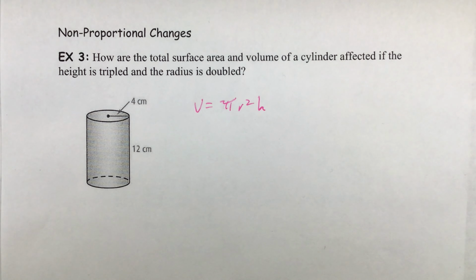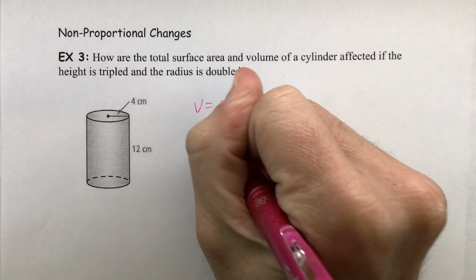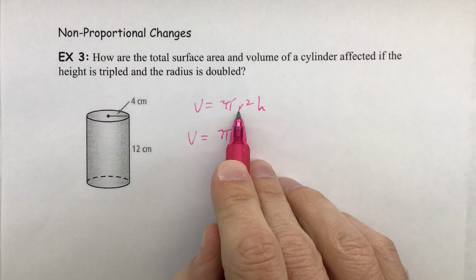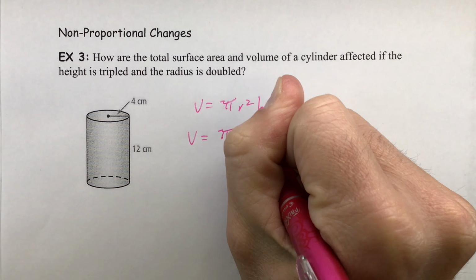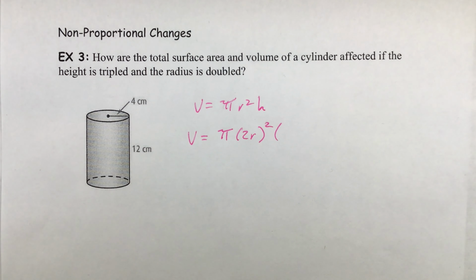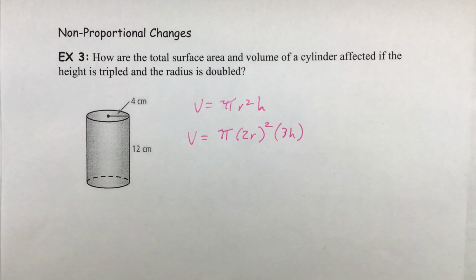Okay, now when we change the dimensions, the radius gets doubled and the height gets tripled. Okay, so what I'm going to do is substitute in for the radius, substitute in for the r, 2r, double the radius, and substitute in for the h, 3h, which is triple the height.